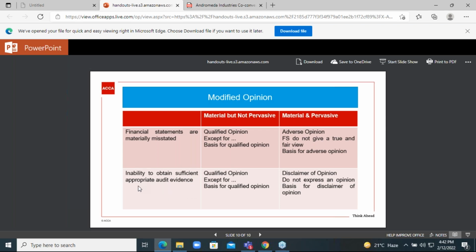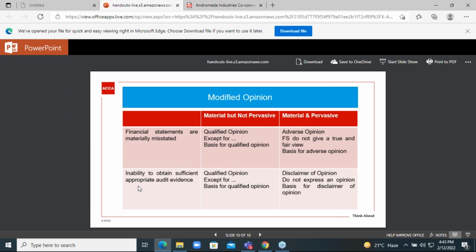If management do not provide us correspondence, purchase invoices, loan agreement, lease agreement, or if they don't allow us to go for the inventory stock take, all of these will be counted as an inability to obtain sufficient and appropriate evidence.